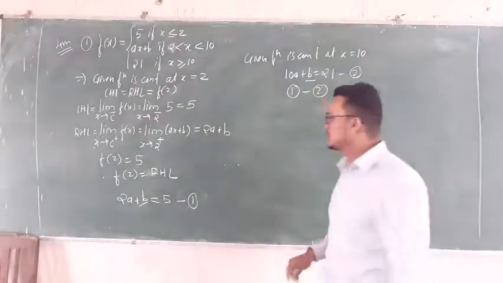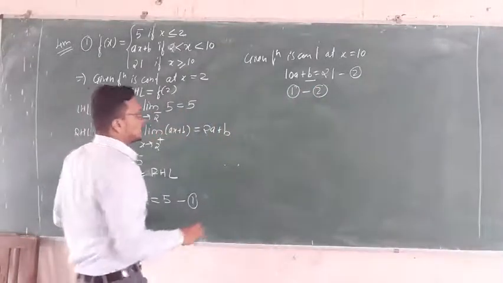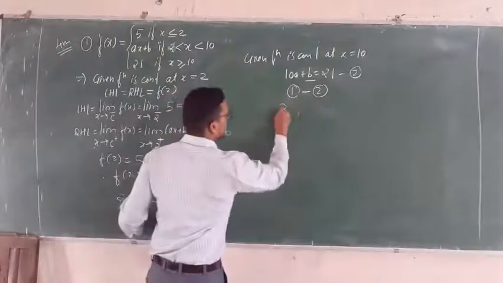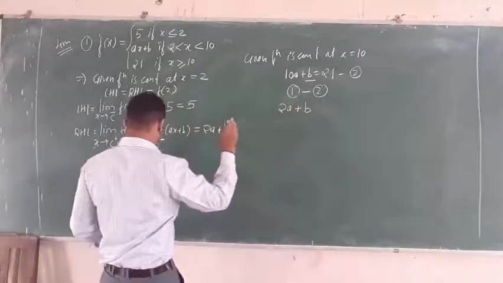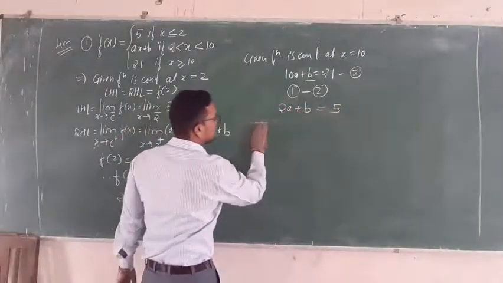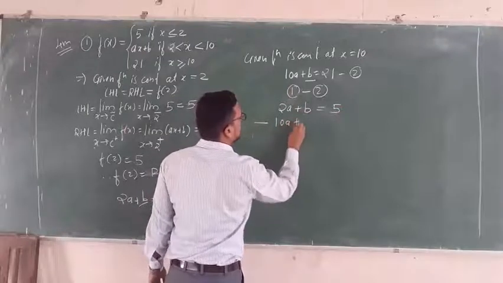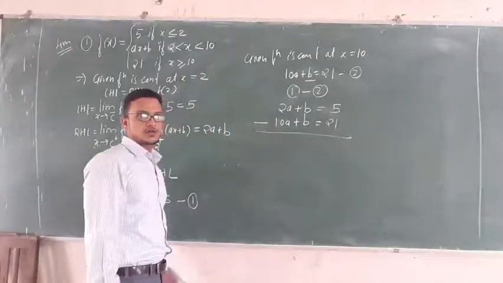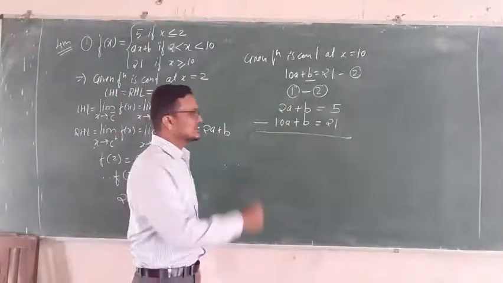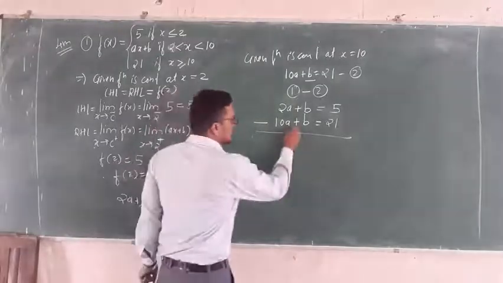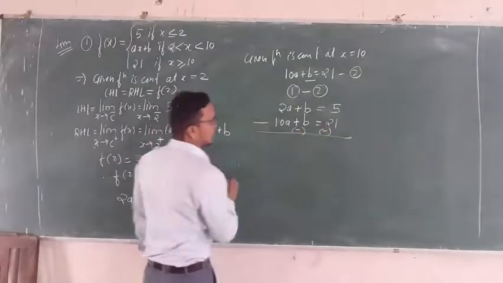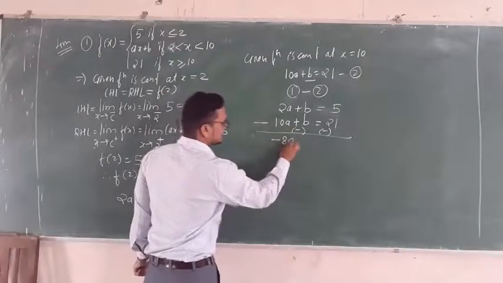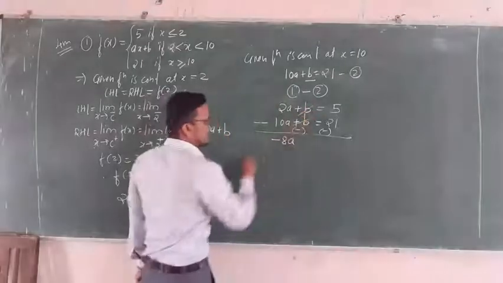Equation 1 is 2a plus b equals 5, minus the second equation 10a plus b equals 21. Whenever you subtract two linear equations, the second equation's signs change, plus becomes minus. 2a minus 10a is minus 8a, plus b minus b gets cancelled.